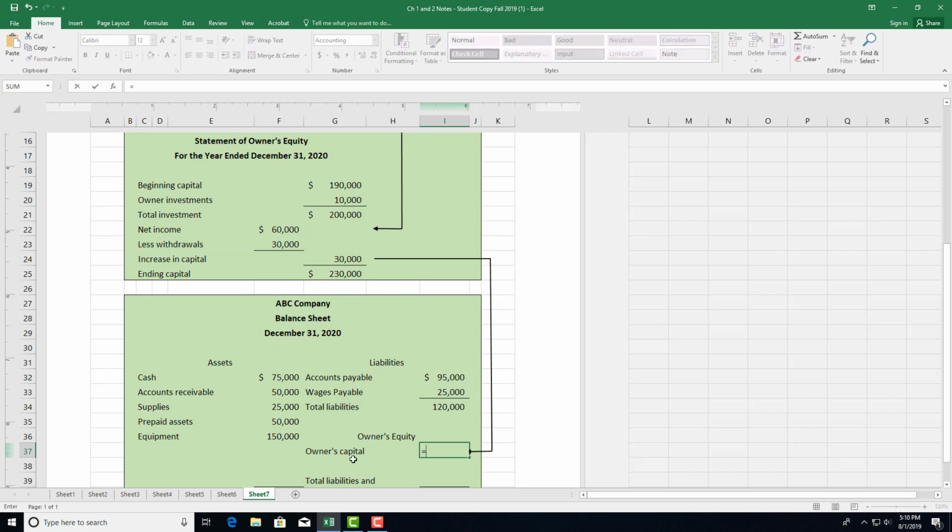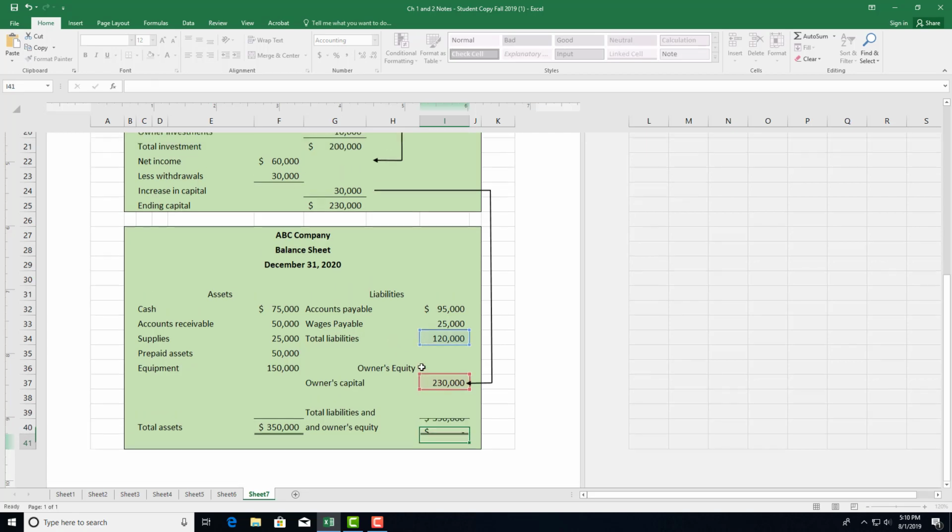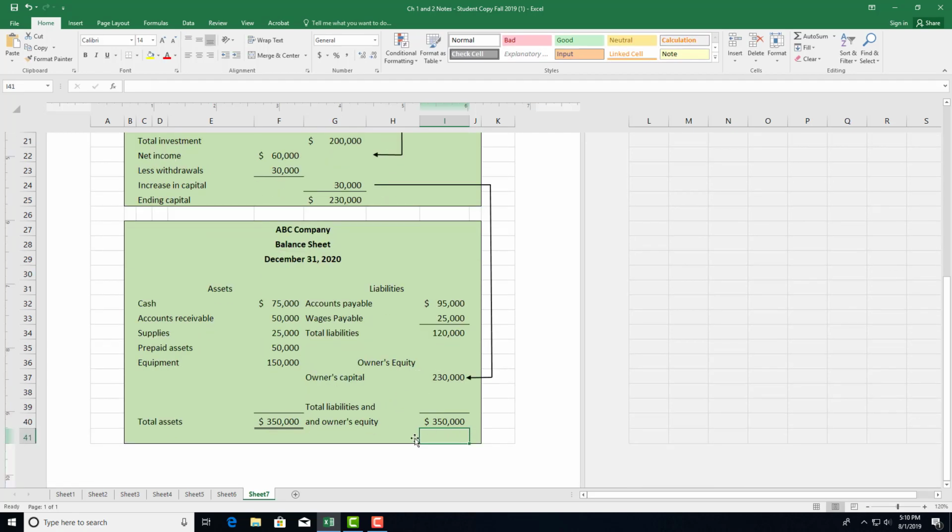So I'm going to do equals, click on this cell, and notice the movement around the cell. That's what I want, and then just hit enter. And then for liabilities and equity, I'll hit equals this cell plus this cell, hit enter, and these balance as they should. I mean, it's called a balance sheet, so those two things should balance.